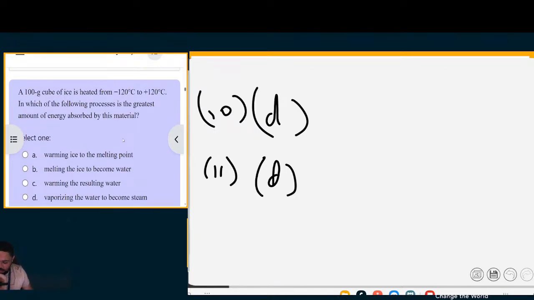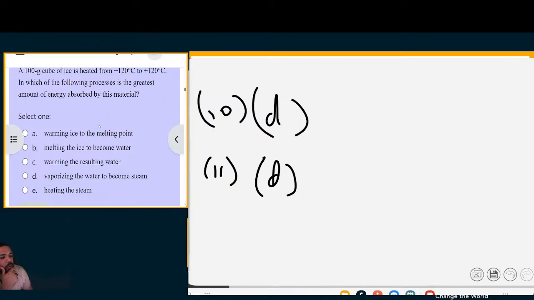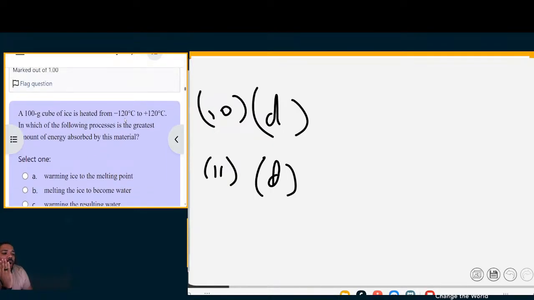12. If a 100-gram cube of ice is heated from negative 120 degrees Celsius to positive 120 degrees Celsius, which of the following processes is the greatest amount of energy absorbed by this material? Okay, now I have done this problem. It is in your textbook as well.